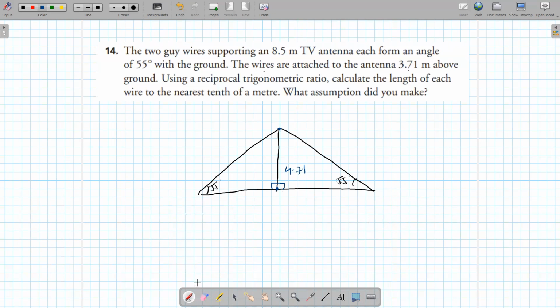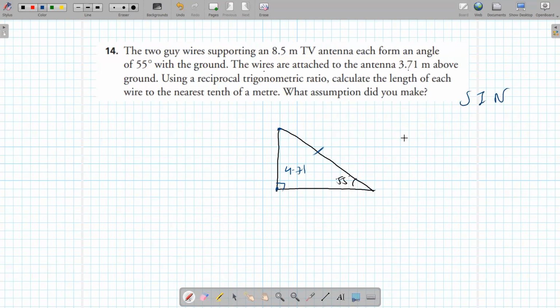What is the question asking us? It's asking us to find this length, right? And this length. You can use either triangle actually, because they're identical. You can even erase one half of the triangle completely and just look at this. Tell me, is this a sine question, cosine, or tan?